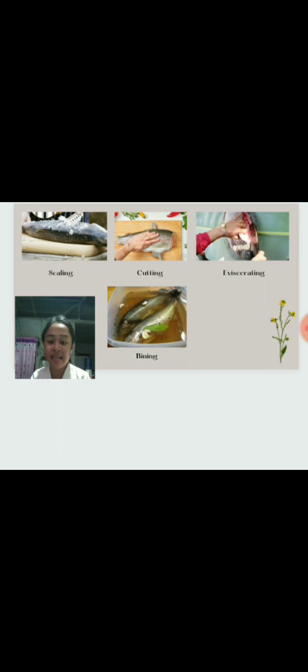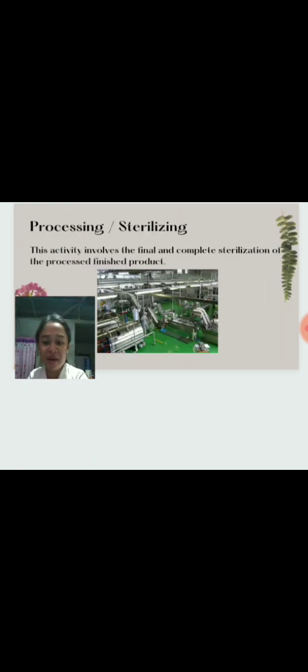Next are the steps in cleaning the fresh fish. First is scaling. Next is cutting and eviscerating, but don't forget to wash before brining. Next is the processing or sterilizing. This activity involves the final and complete sterilization of the processed finished product.